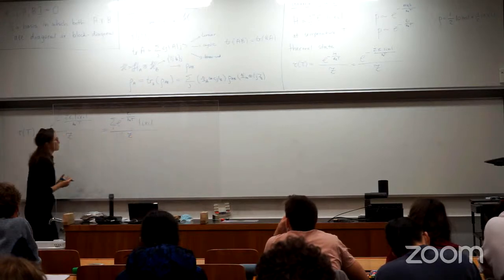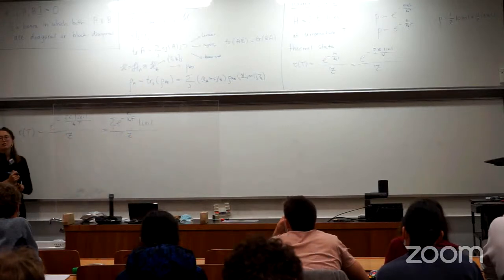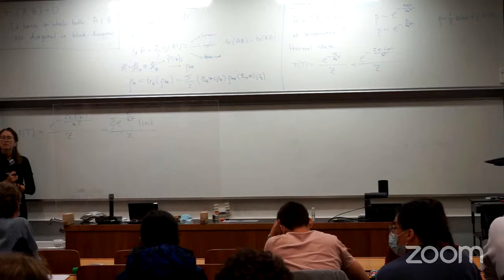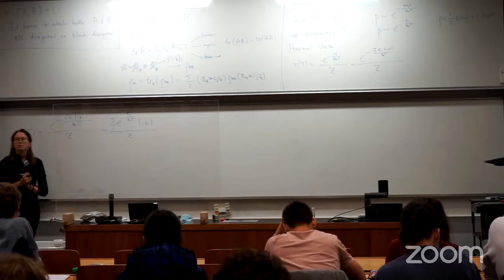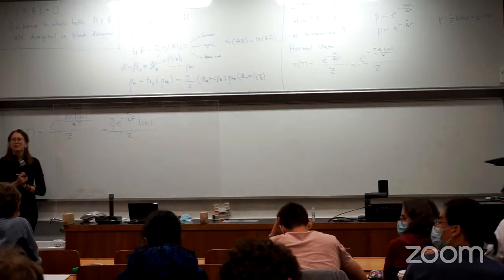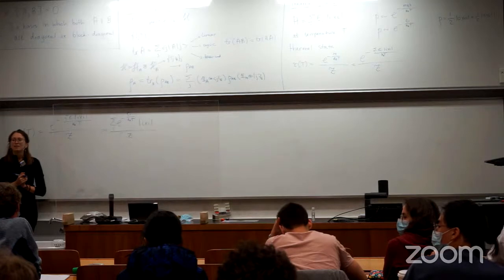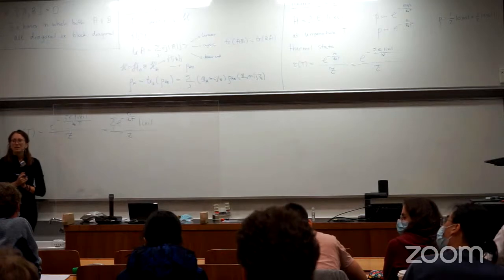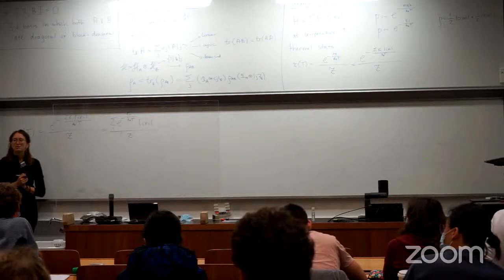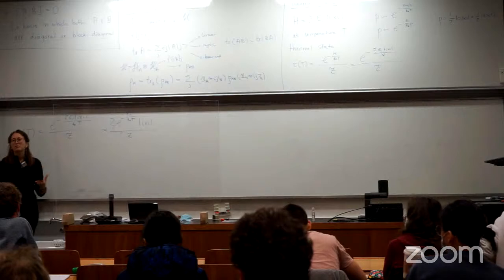I have a question. What do we do in general if we cannot diagonalize the Hamiltonian? The Hamiltonian can always be diagonalized. It's a Hermitian operator. It's diagonalizable by definition. I mean, not by definition, but it's a fact from linear algebra.